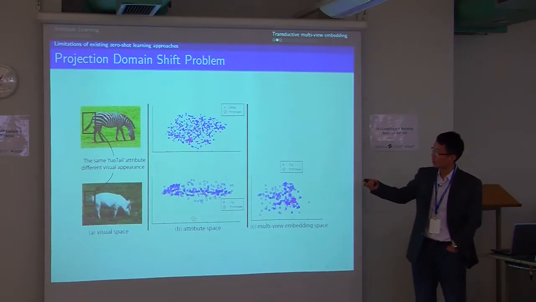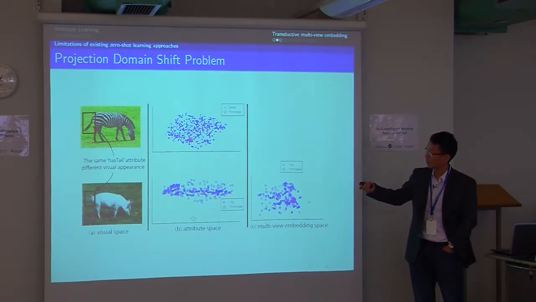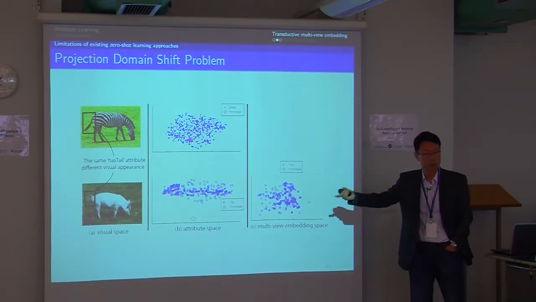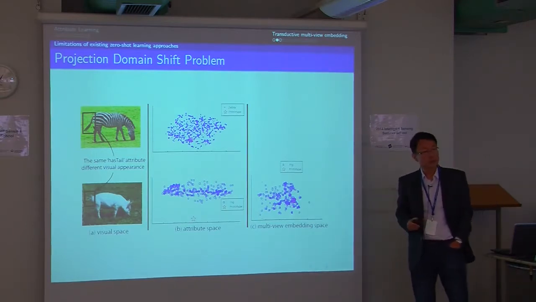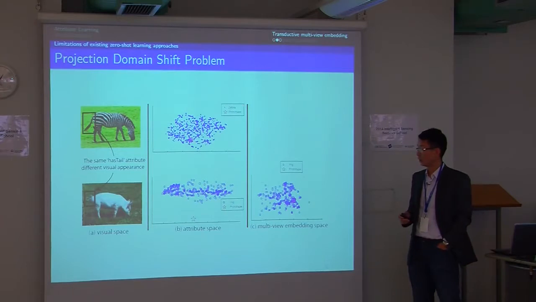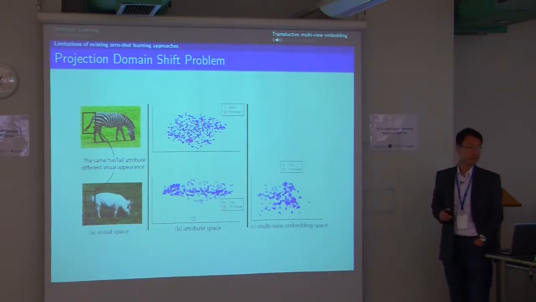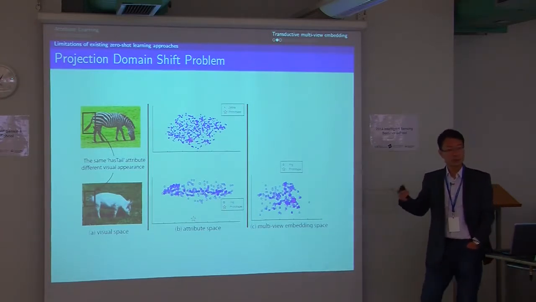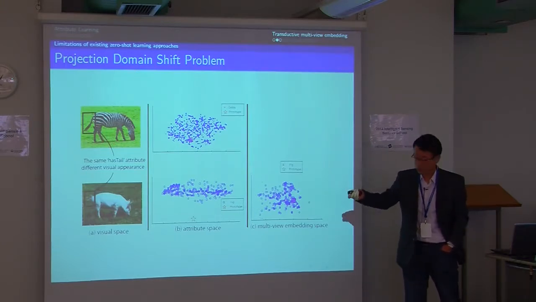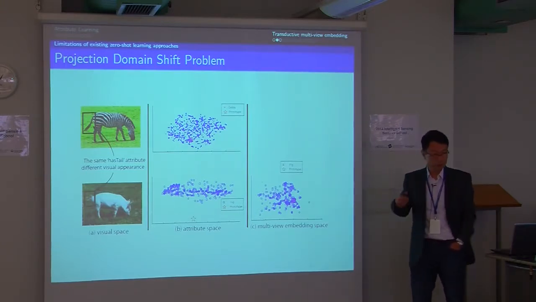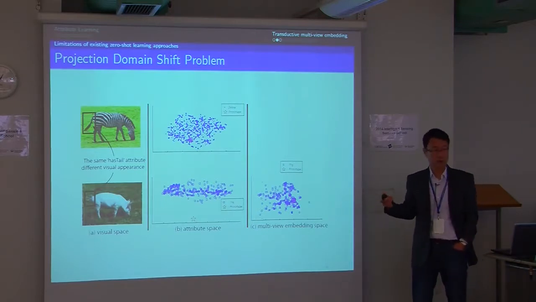And we know that zebra has an attribute called has tail, which means all the zebras have tails. And the pig also has the same attribute. All the pigs also have tails. The idea is that what a tail looks like should be learned from zebra and transferred to pig so that you can predict whether this image has a tail or not.